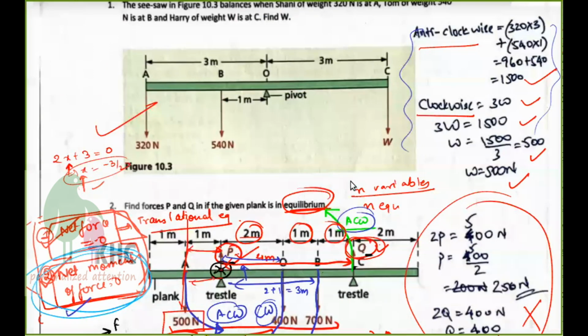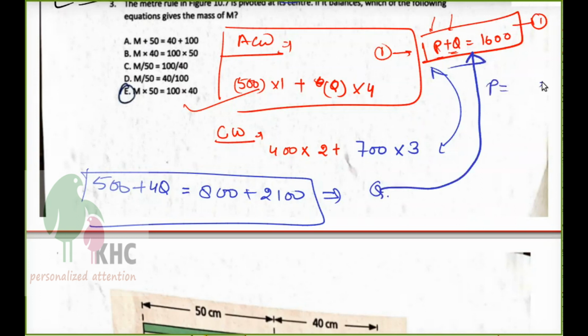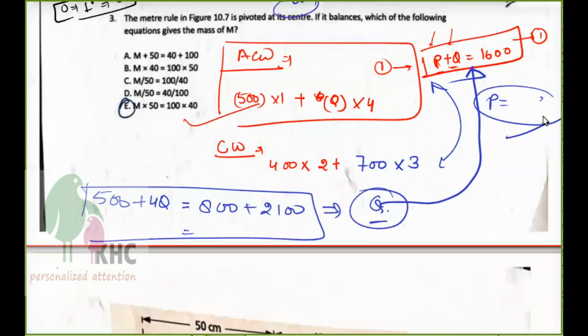From here you can find the value of Q and then substitute this value of Q in this equation, and from here you're going to get P as well. Is this thing clear? Yes, ma'am. Do you want me to calculate it right now? No, it's fine. I can do it. Okay, so whatever value you get from here, you just substitute it here.